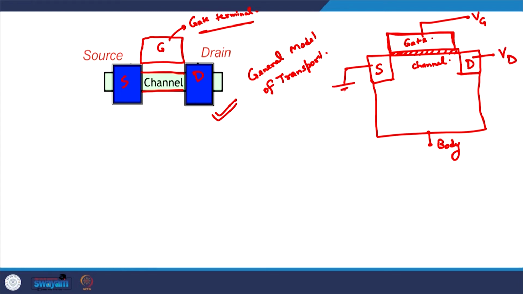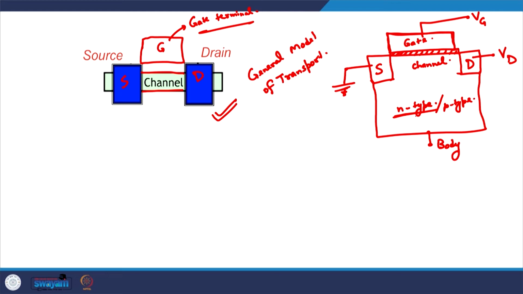Generally the source terminal is most of the time grounded, and we apply voltages either on the drain terminal or on the gate terminal. Between the source and the drain terminals, we have this semiconducting material. This can either be n-type material or a p-type material.